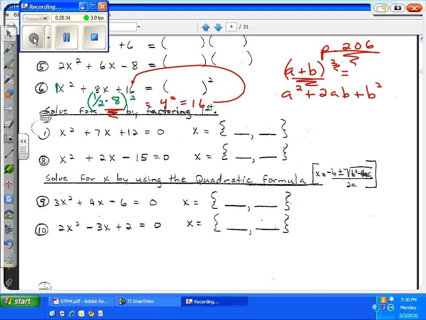And that binomial is going to be x plus whatever half of the middle term was, which was a 4.